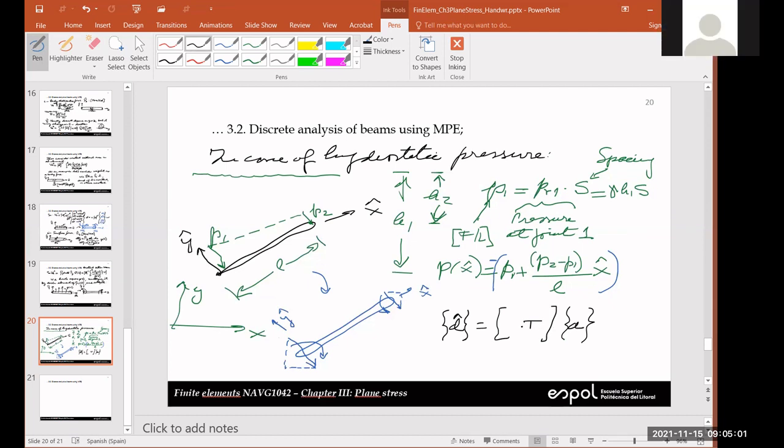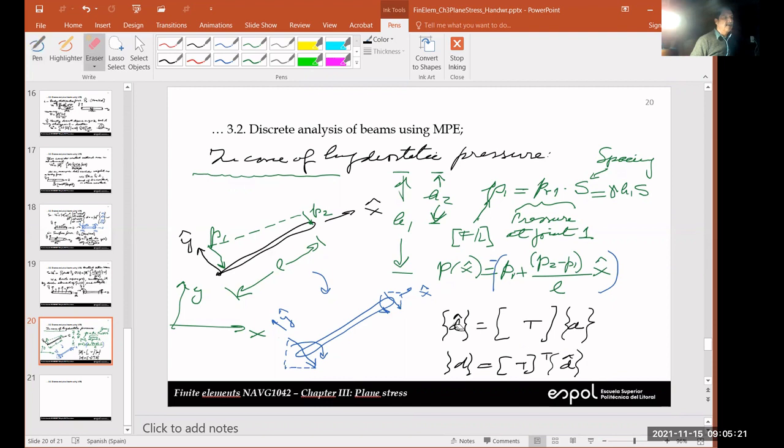Exactly. So since in this case you have this, what you can do is you can go the other way. You can go this is equal to D transpose times local D. I'm not transforming displacement, I'm transforming forces.